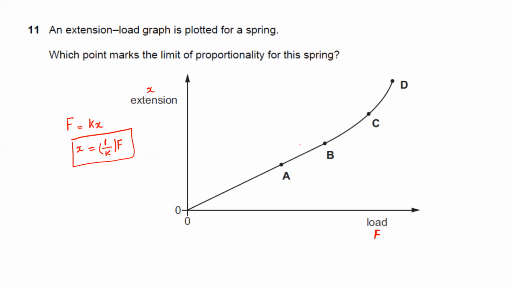If we extrapolate this line, as it moves away from B, approximately at this point it disobeys the limit of proportionality, because this is a linear relationship. So this line does not remain linear after this point. The limit of proportionality will be this point B, because after that the trend in the graph starts to change. So this is the boundary, the point till which the limit of proportionality for the spring has been achieved. So next question.